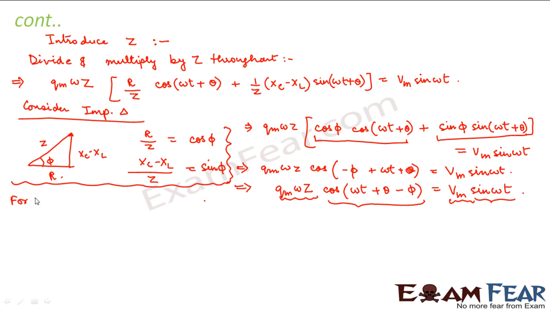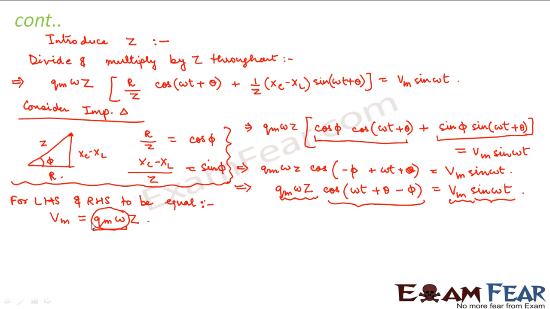we can say that for LHS and RHS to be equal, Vm should be equal to Qm into omega into Z. Now this Qm into omega is replaced with Im, that is the current amplitude.